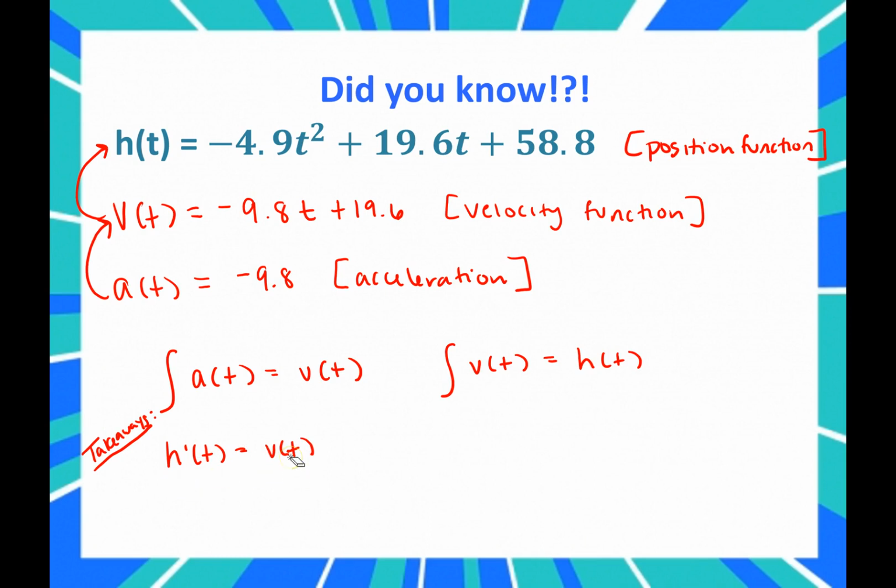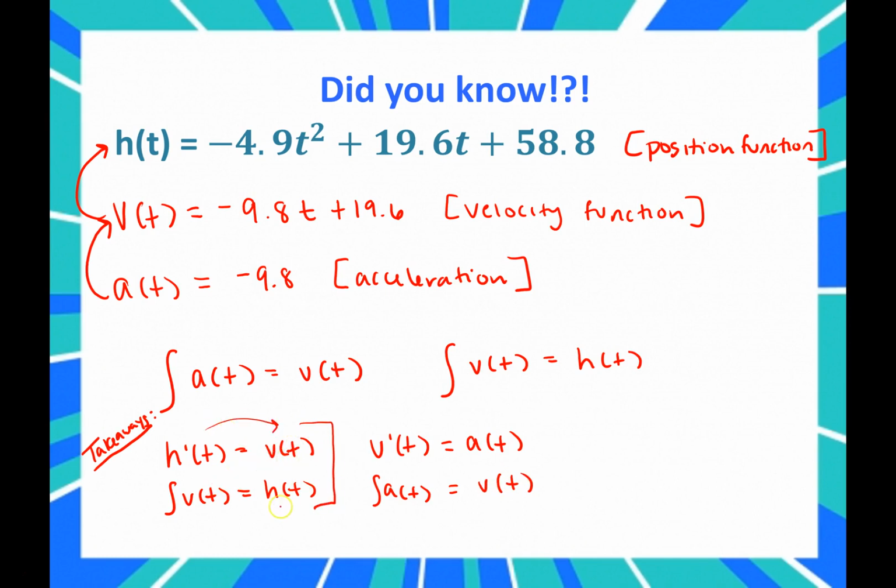But also, the derivative of velocity gives me the acceleration function. However, I'm telling you that the integral of velocity gives me my position function, and the integral of my acceleration gives me my velocity.